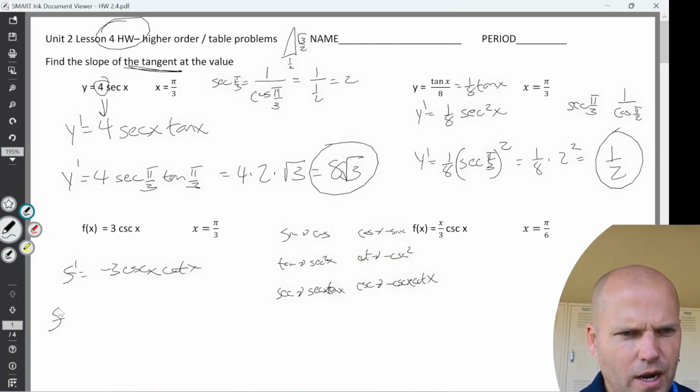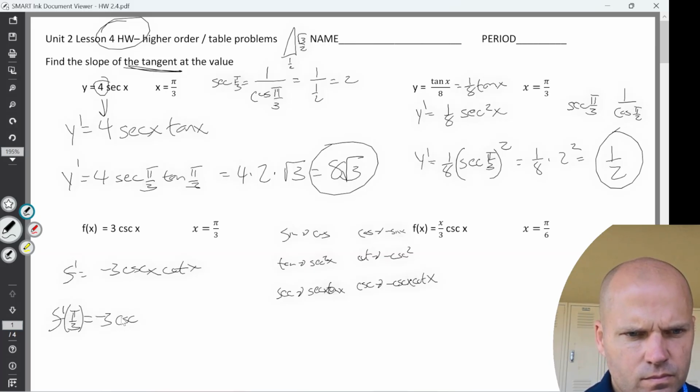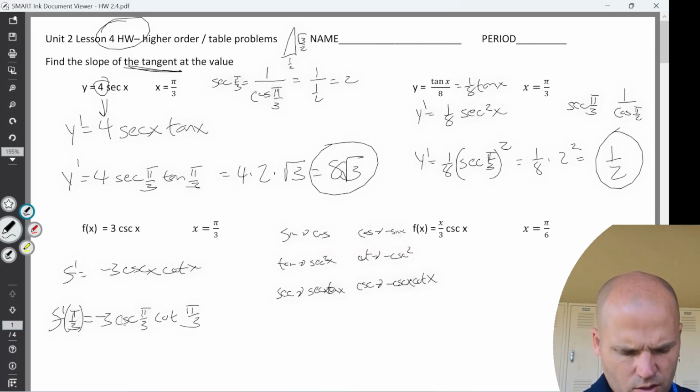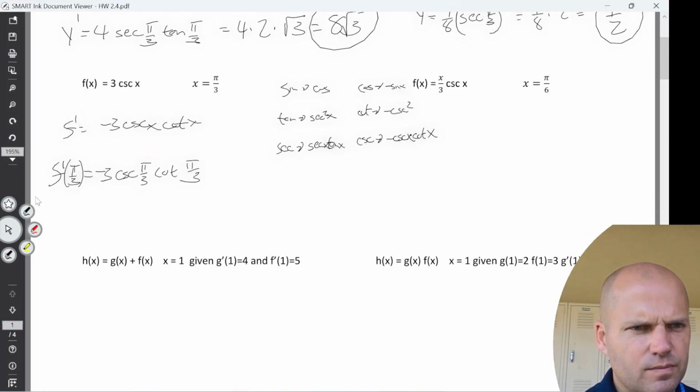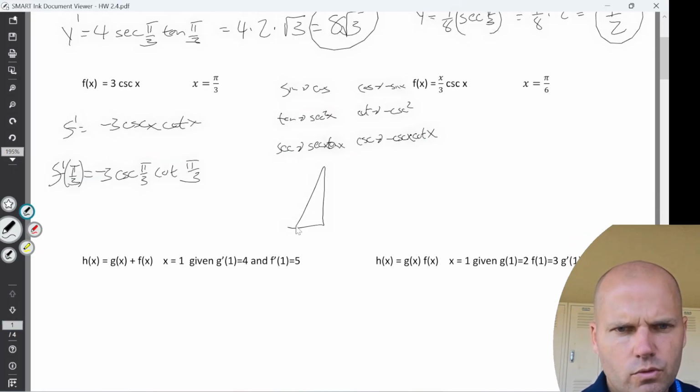All right, so pi over 3. I need the cosecant of pi over 3 and the cotangent of pi over 3. So I'm still on my pi over 3 triangle. Cosecant is the reciprocal of sine.